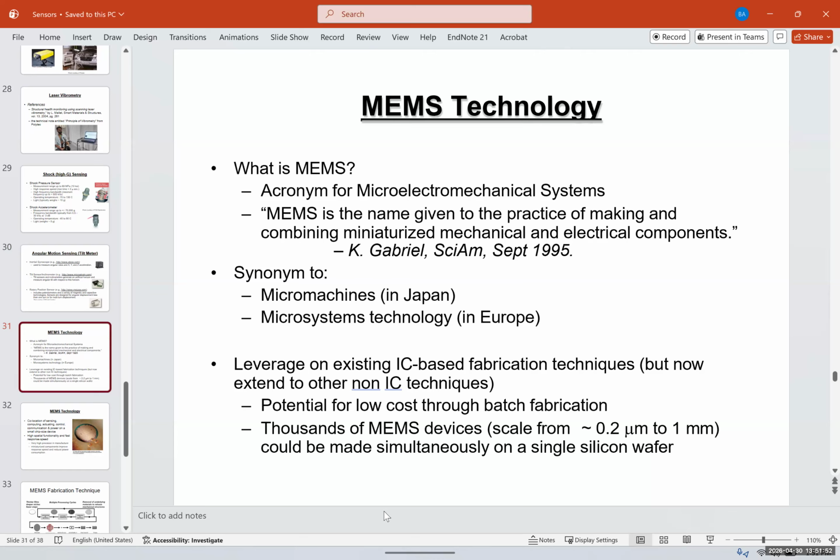Now, let's start with an interesting topic, which is called MEMS. I don't know if you've heard of it. MEMS technology, this is an acronym for microelectromechanical systems. And the name is given to the practice of making and combining miniaturized mechanical and electrical components.